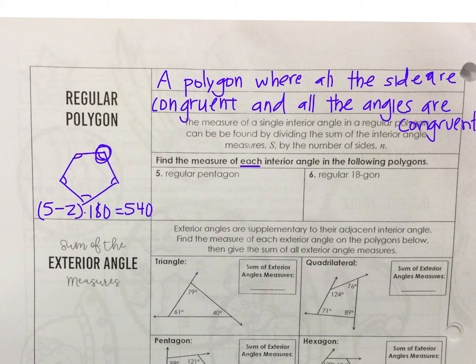Well, I'm still going to do my 5 minus 2 times 180, but then I'm going to divide it by the number of angles it has, or number of sides. So I'm going to divide it by 5. When I do all that, I get 108. That means that each of these angles is 108.